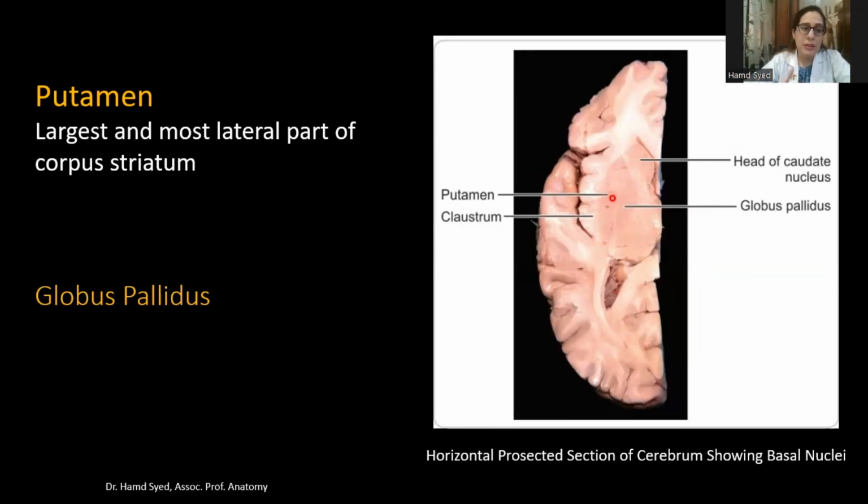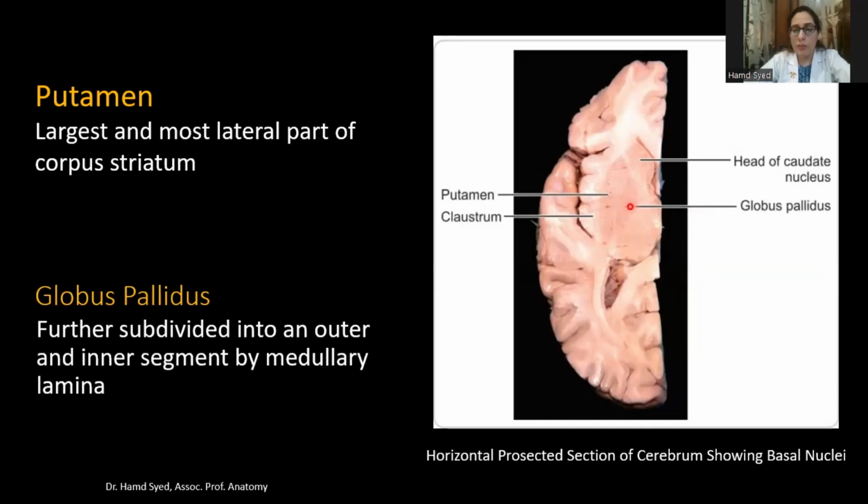Remember, putamen is the largest and most lateral part of the corpus striatum. And medially, you can see here is the globus pallidus, and this globus pallidus is further subdivided into an outer and inner segment by the medullary lamina. You can also see the head of the caudate nucleus.